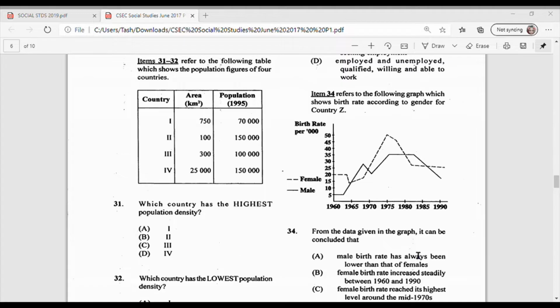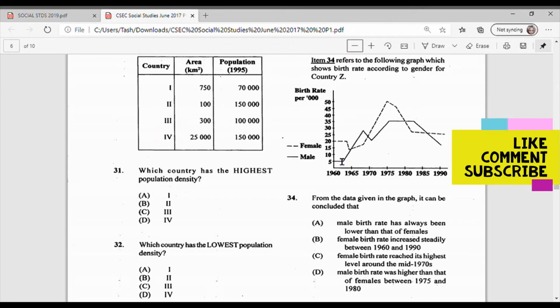Which country has the lowest population density? So remember, you are going to be calculating by dividing the population by the area. So the one with the lowest population density would have been this one. So your answer for number 32 would have been letter D.